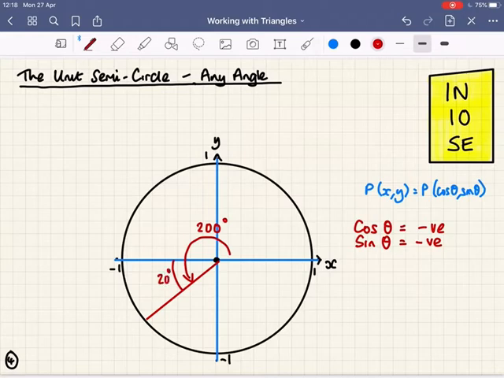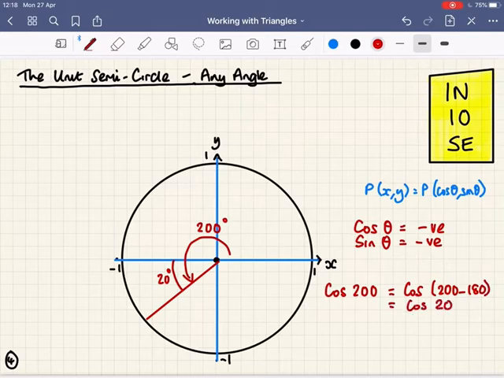So what do I know now? I know that the cosine of 200 degrees will be equal to the cosine of 200 minus 180, which is equal to the cosine of 20 degrees.